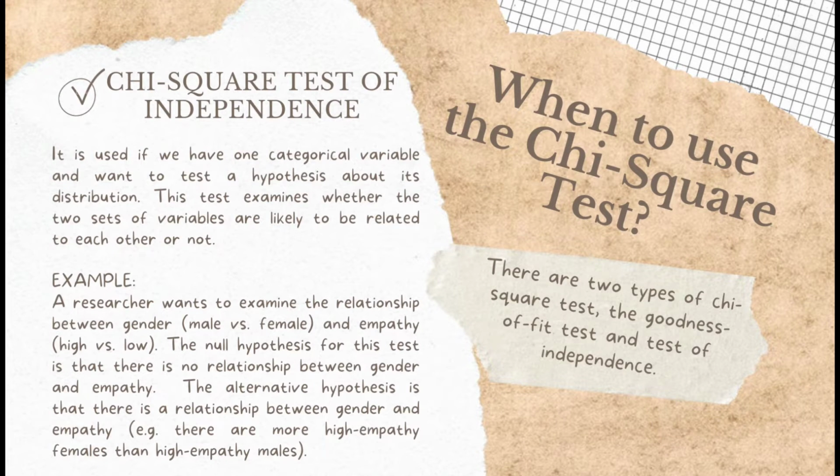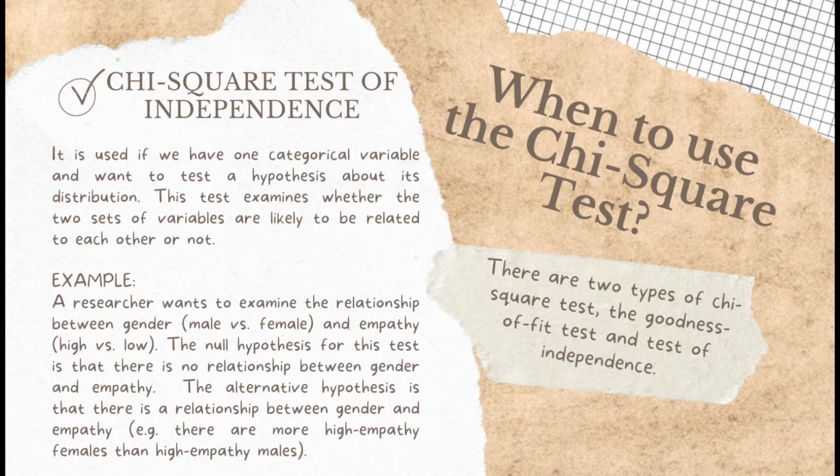Next is the chi-squared test of independence. It is used if we have two categorical variables and want to test a hypothesis about their relationship. This test examines whether the two sets of variables are likely to be related to each other or not.